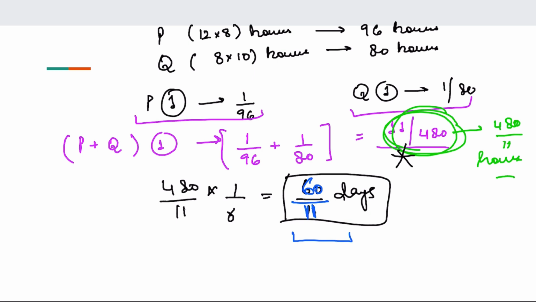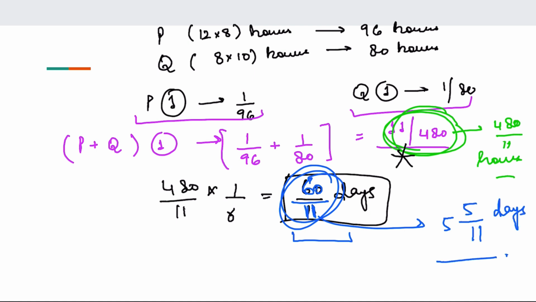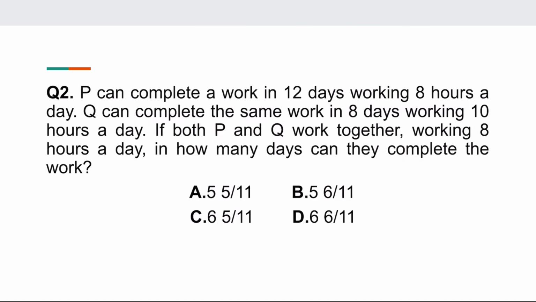So I have to convert this 60 by 11 into mixed fraction form, which is 5 5 by 11 days. So if I look at the question, the answer was 5 5 by 11, which is my option A. So this is what the answer is.